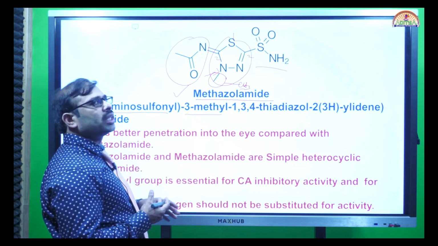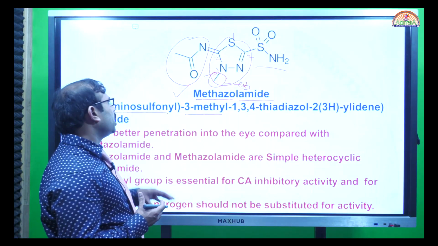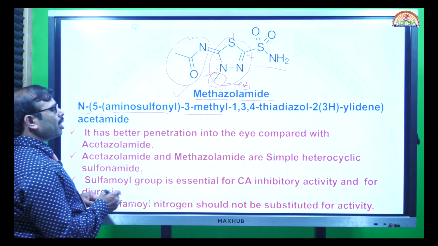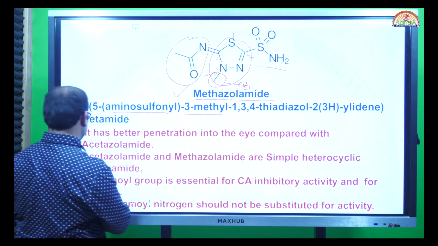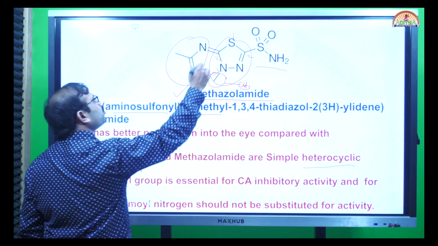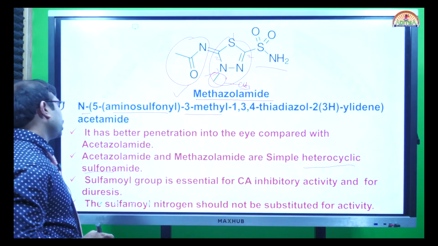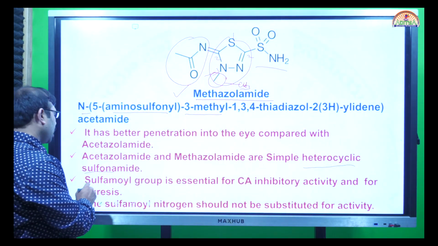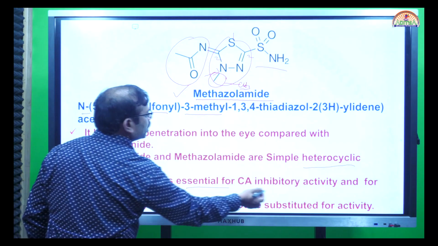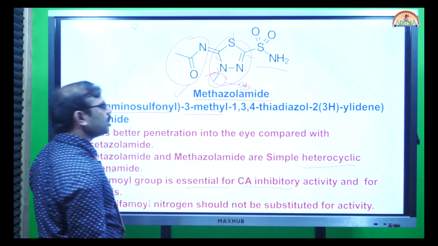in this class of diuretics are that acetazolamide and methazolamide are simple heterocyclic sulfonamides. The heterocyclic ring present here is the thiadiazole ring, and the sulfonamide group is essential for carbonic anhydrase inhibitory activity.